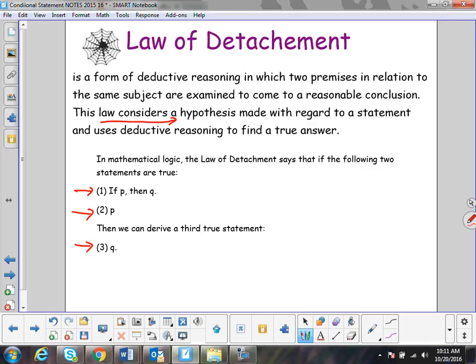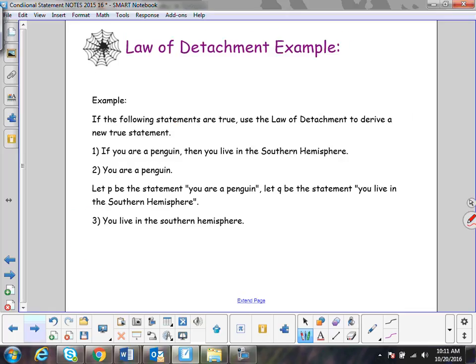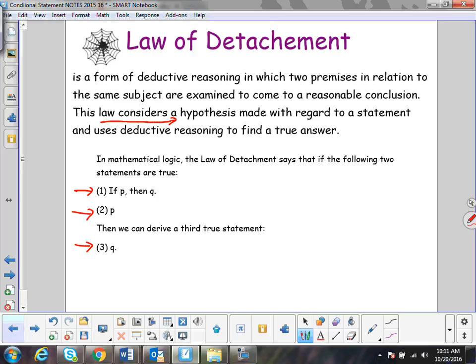If P then Q, the second statement is P, therefore Q is true.